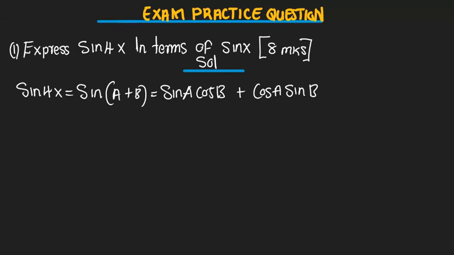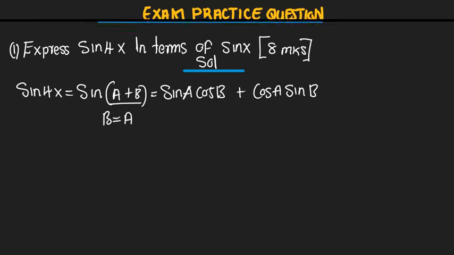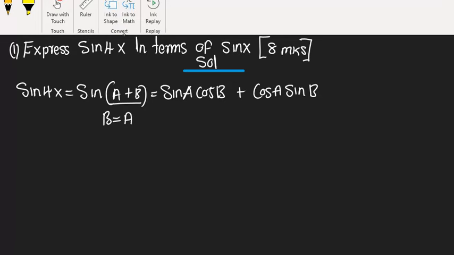So at the end of it all, if you do your calculations properly, you're going to discover that if you make b equal to a, then you're going to have a double angle, because a double angle only happens when a is equal to b. That's one thing that you must be able to understand. No wonder why you call them double angles. The angle has now doubled. It's one and the same thing, but 2 times.